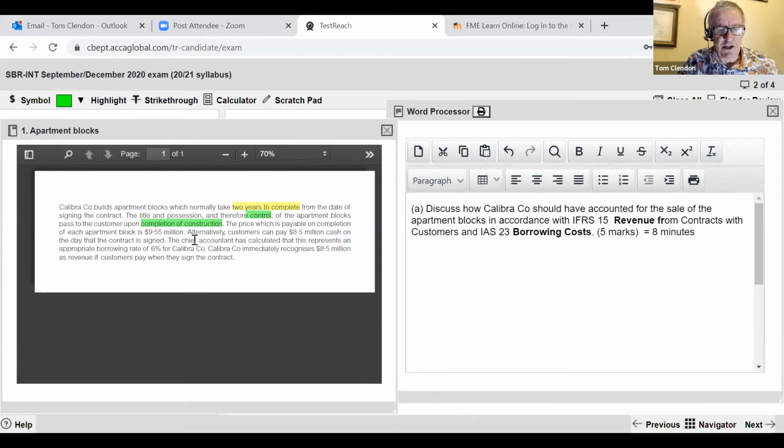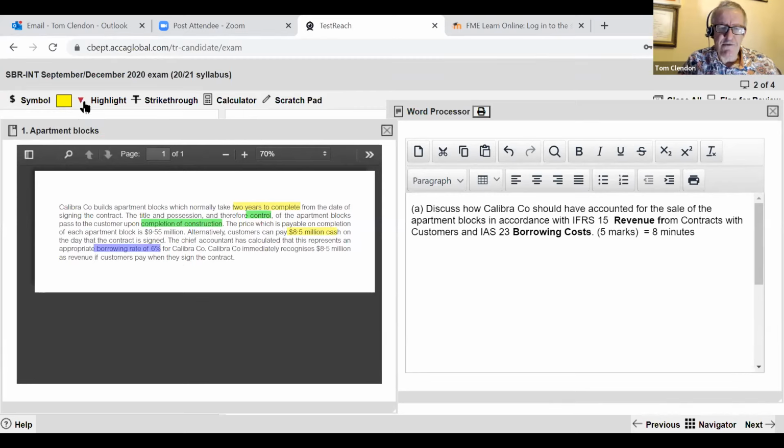The price on completion is 9.55, or they can pay 8.5 on the day the contract is signed. So there's 2 different prices, one at the beginning and one 2 years later. The chief accountant has calculated that this represents a borrowing rate of 6%.